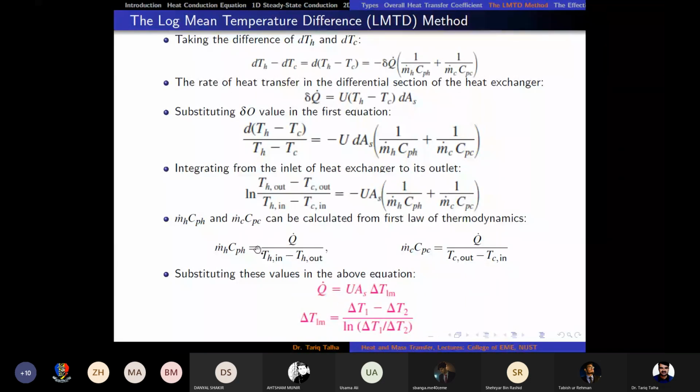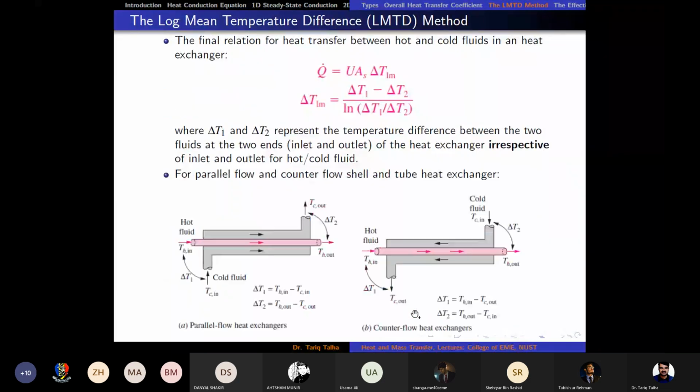At this point we replace it with Q dot into dh, and if we do the simplification we can write Q dot is equal to U A_s delta T logarithmic, with delta T1 minus delta T2, and this is equally applicable for the counterflow heat exchanger.